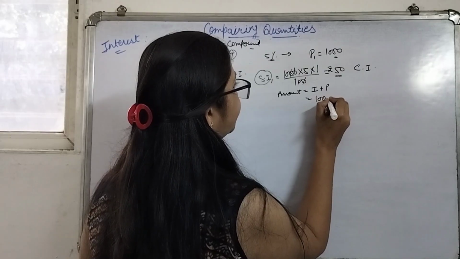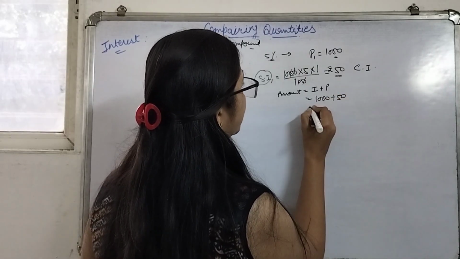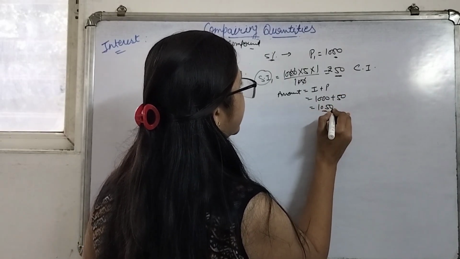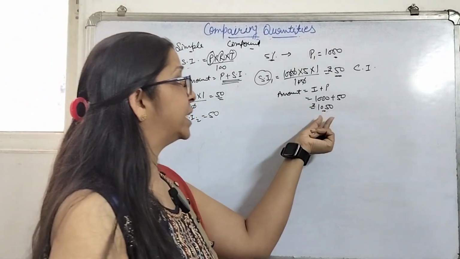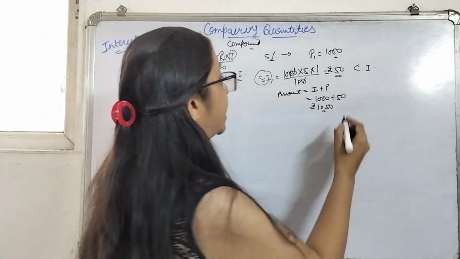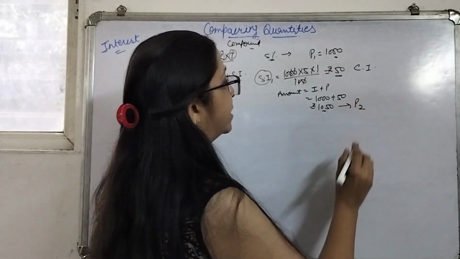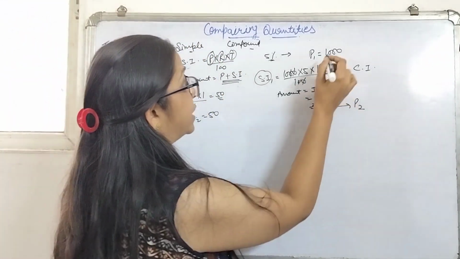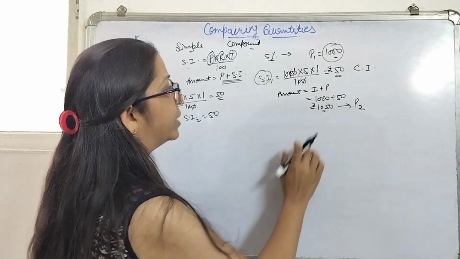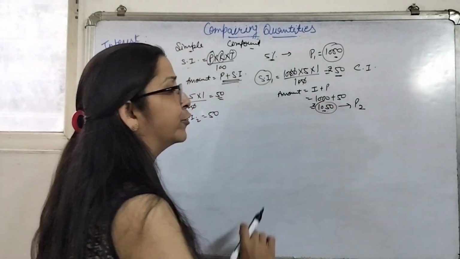Principal was 1000, interest is 50 rupees, so 1050 rupees is the amount after 1 year. Now for the second year, this amount after 1 year is the principal in case of compound interest. That simply means principal is not 1000 now, principal is 1050.